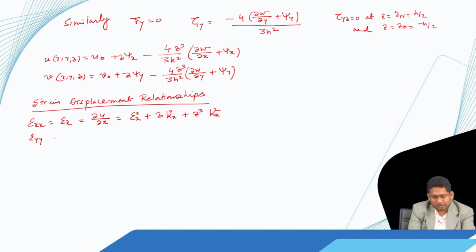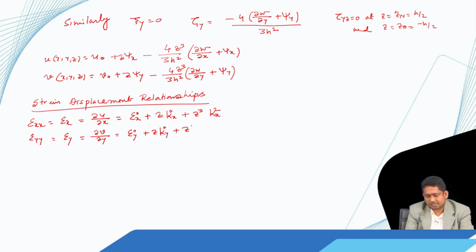Similarly, epsilon y comes out to be del v by del y, which is epsilon y 0 plus z into kappa y with superscript 0 plus z cube into kappa y with superscript 2.